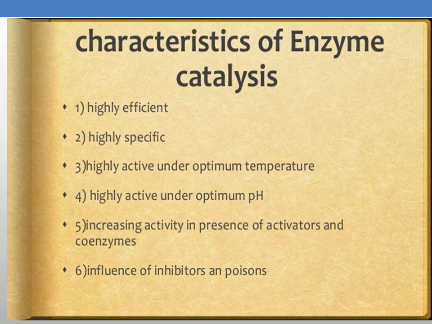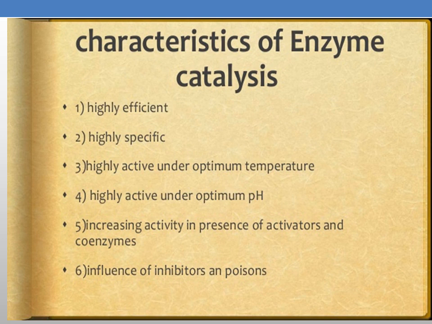Above the body temperature, the enzyme may get denatured. After all, it is a protein. So it gets denatured into strands of proteins, and that's why it could not take part in the biochemical reaction. It cannot help in the biochemical reaction.